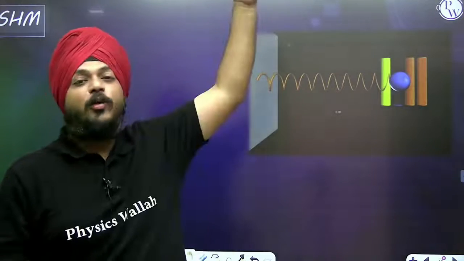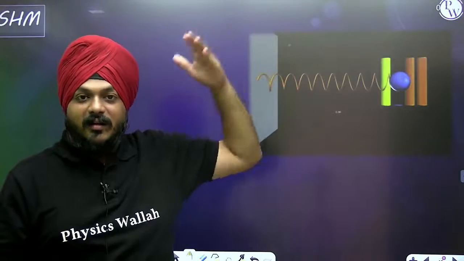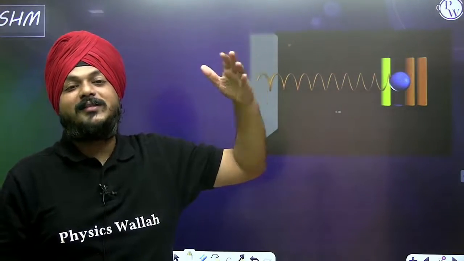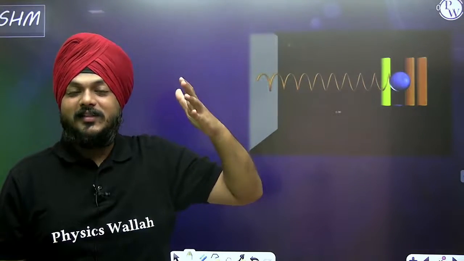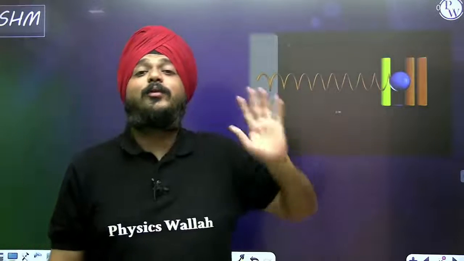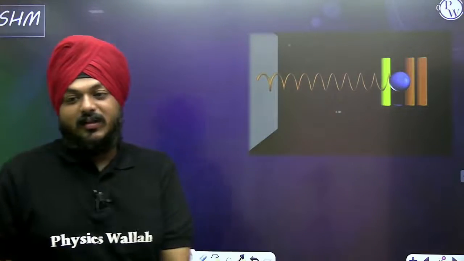The path is also fixed, and it should get repeated at regular time intervals. SHM is more rigid than periodic motion. More rigid, here comes the oscillatory.